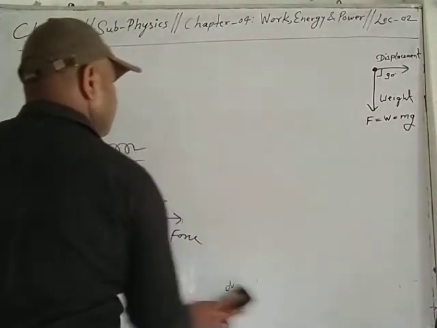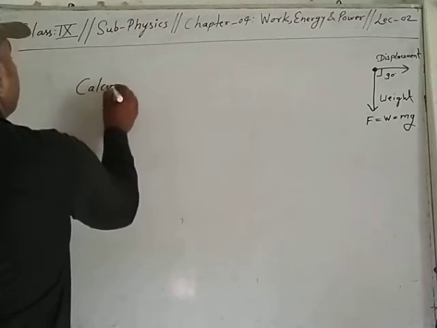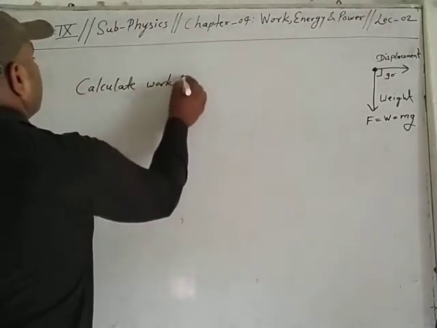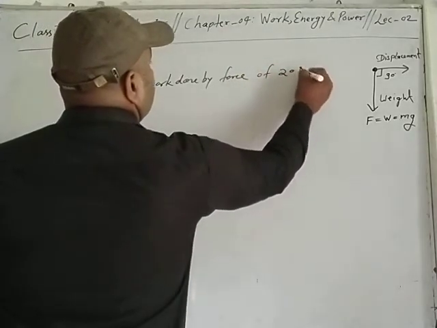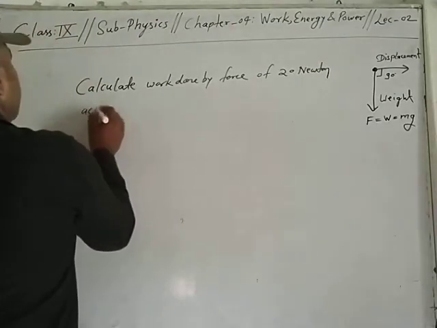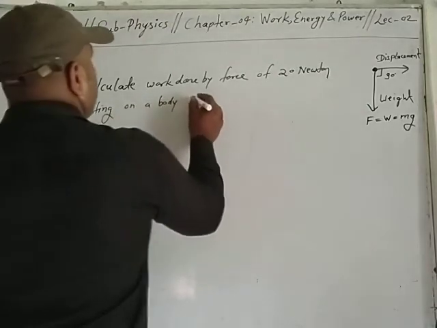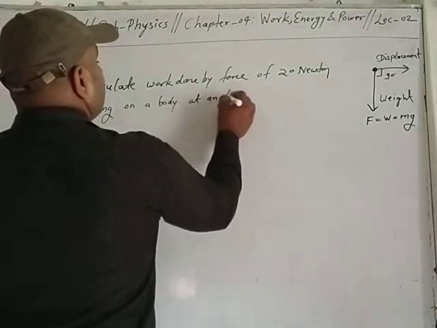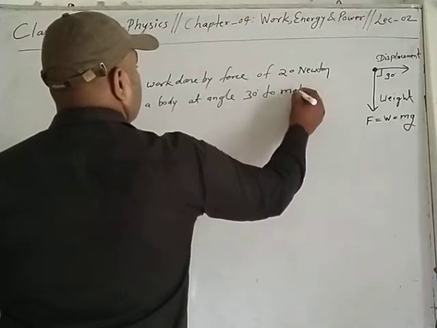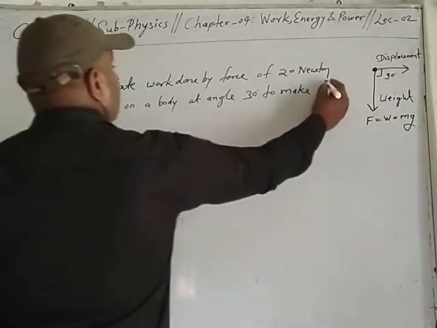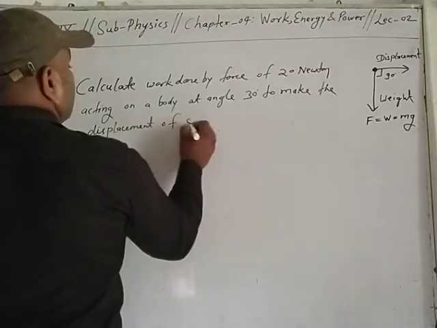Calculate the work done by a force of 20 Newton acting on a body at an angle of 30 degrees to make a displacement of 50 meters.